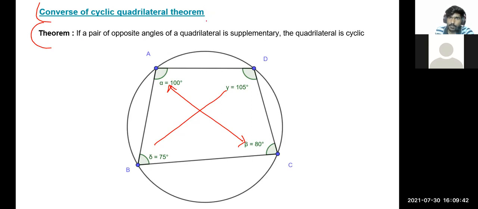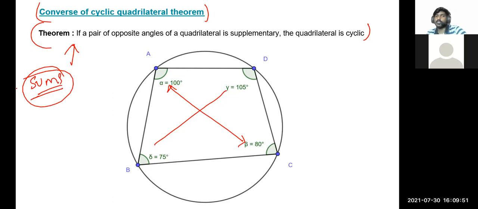Because this is a very, very important statement, sums can come on this. So to check if a quadrilateral is cyclic or not, just add the opposite angles. And if after adding you get 180 degrees, that means they are supplementary, then you say it is a cyclic quadrilateral. That means all the vertices lie on the same circle.